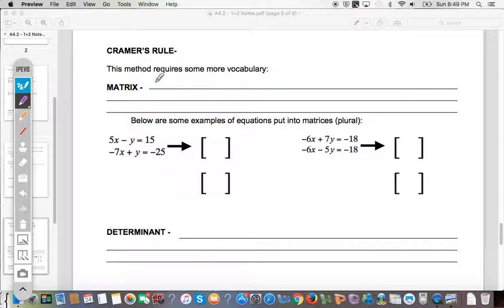So, we need to learn some new vocabulary. So, matrix is an array of numbers enclosed by square brackets.